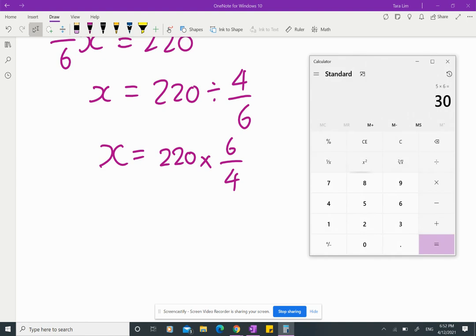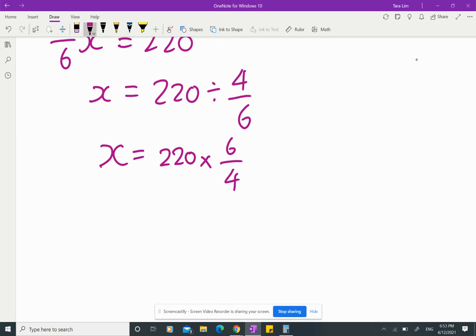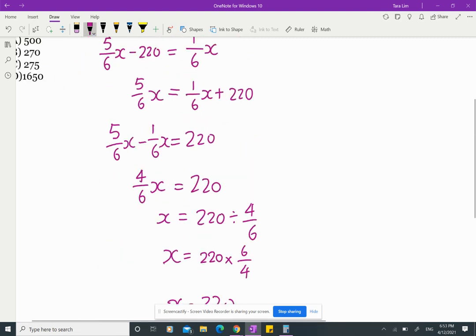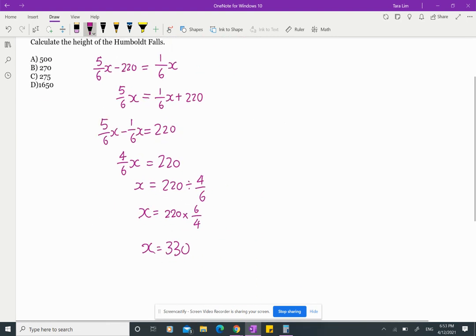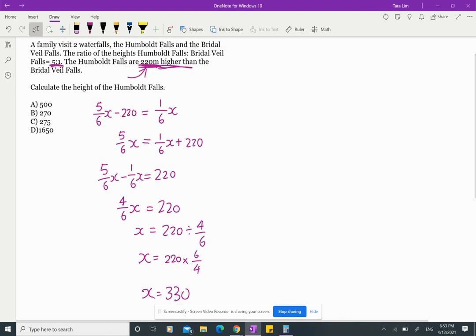Now 220 times 6 is 1320. Now we divide by 4, and that gives us x is equal to 330.